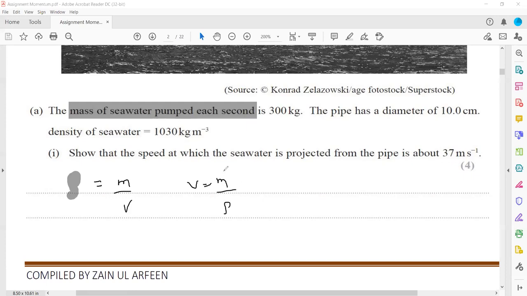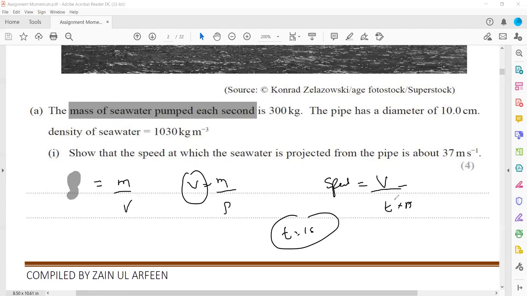Because this mass was mass per second, for 1 second, the volume will be volume per second. So when we are finding the speed, we mention volume divided by time, and that is divided by area. But because the time is 1 second, it does not make a difference to our calculation. It will be volume flow divided by area, we'll get the speed, as the time in the question is 1 second.